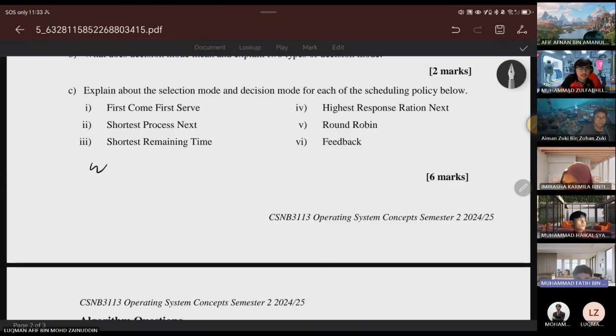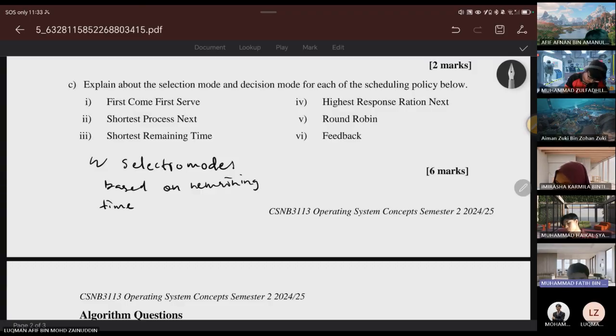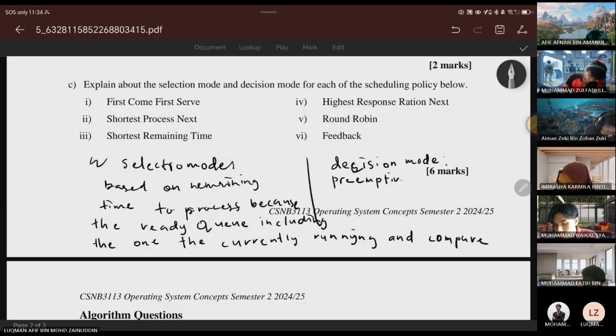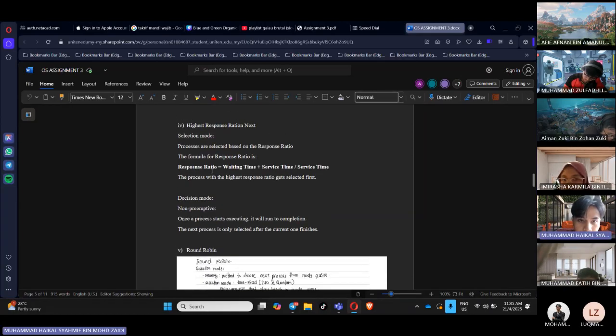The shortest remaining time is the selection mode. For the highest response ratio next, the selection mode is that processes are selected based on the ratio.